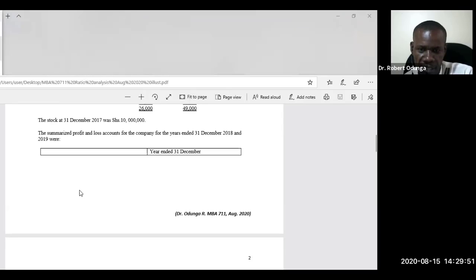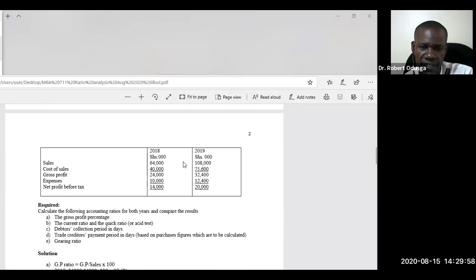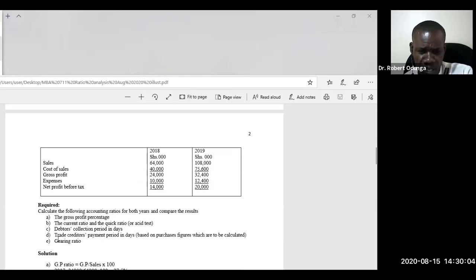The summarized profit and loss account is given there. So cost of sales are 60 and that. Now for the debtors collection period in days: if there are no indications of how these sales were made, then we assume that all sales are made on credit.